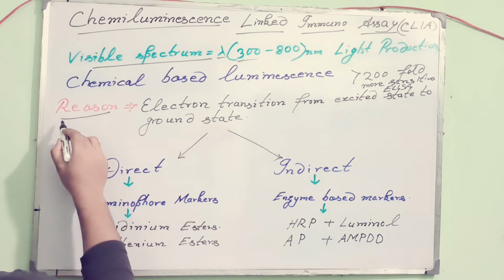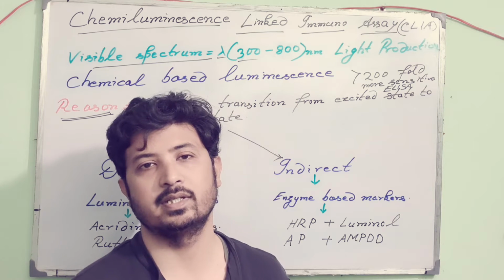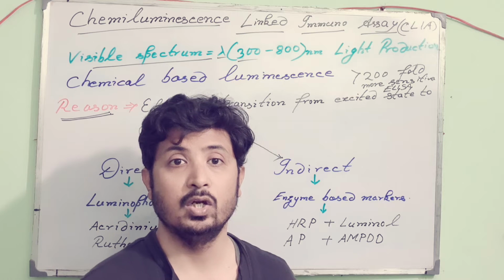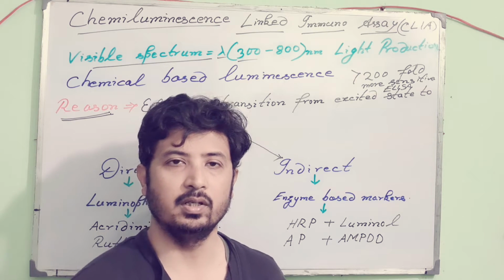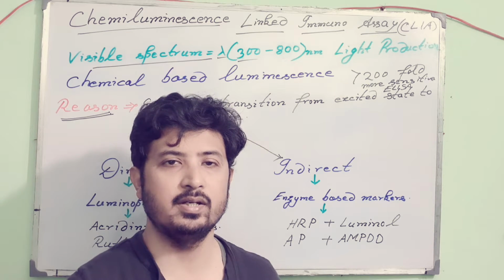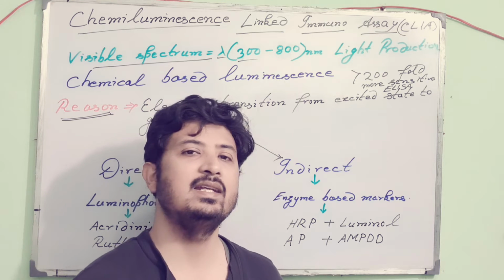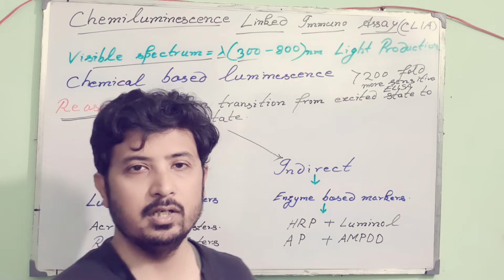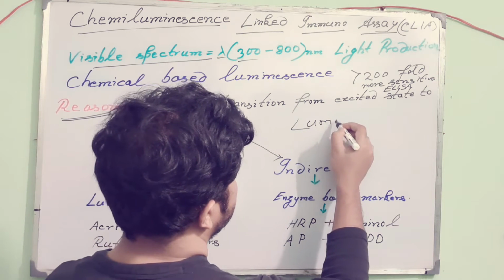Now what is the reason of the light production? Through a chemical reaction, if you excite an electron, it will transit to a higher or excited state, which will be downgraded to ground state gradually. In this transition from excited to ground state, there will be production of light, and that light is detected by luminometer in case of CLIA or chemiluminescence. So luminometer is used for detection of light.